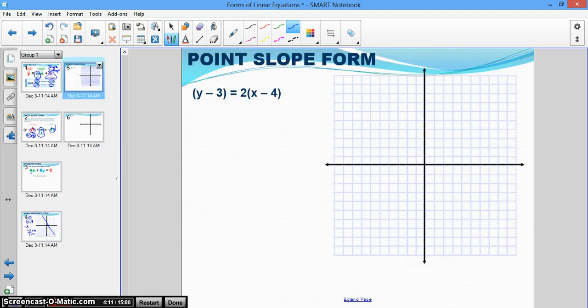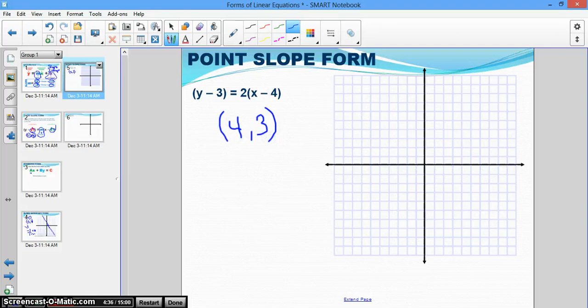The second form of equation is point-slope form. Here we have the equation y minus 3 equals 2 times x minus 4. So let's identify what we know. First of all, we know a point is 4, 3.